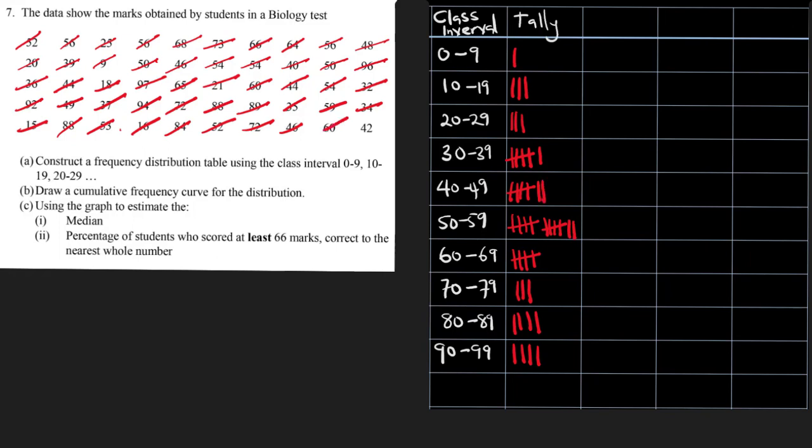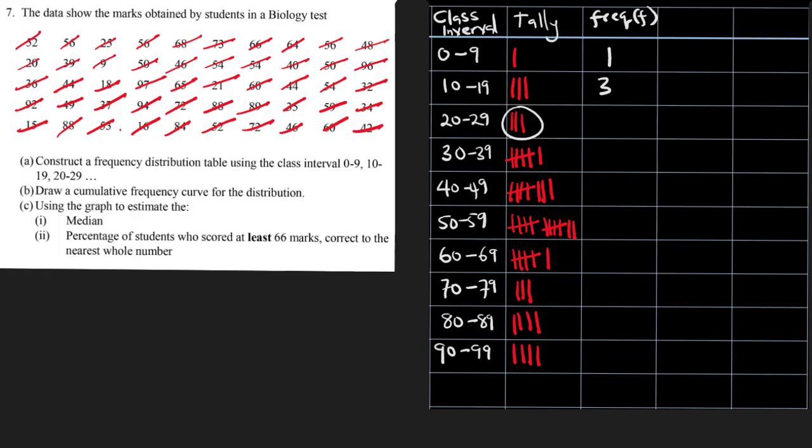46, 60, 42. So that's all for the data. The next thing we're going to find is the frequency, or F. Now, how many is this tally? It is 1. This one here we have 3.